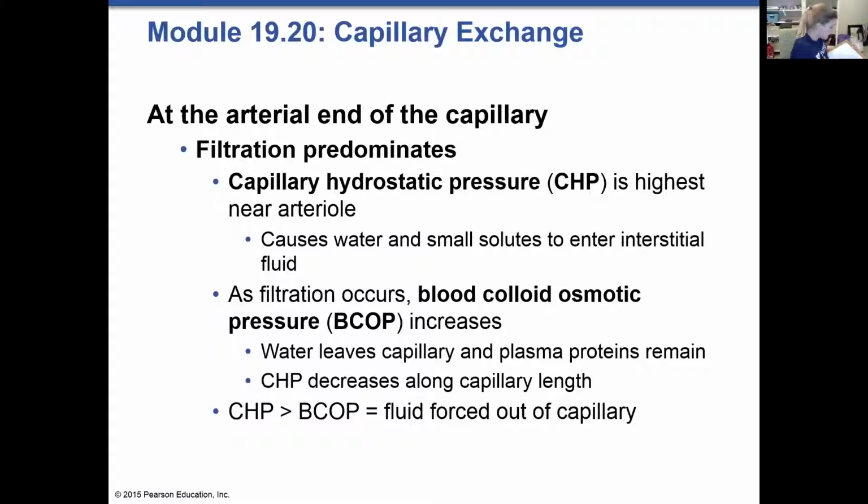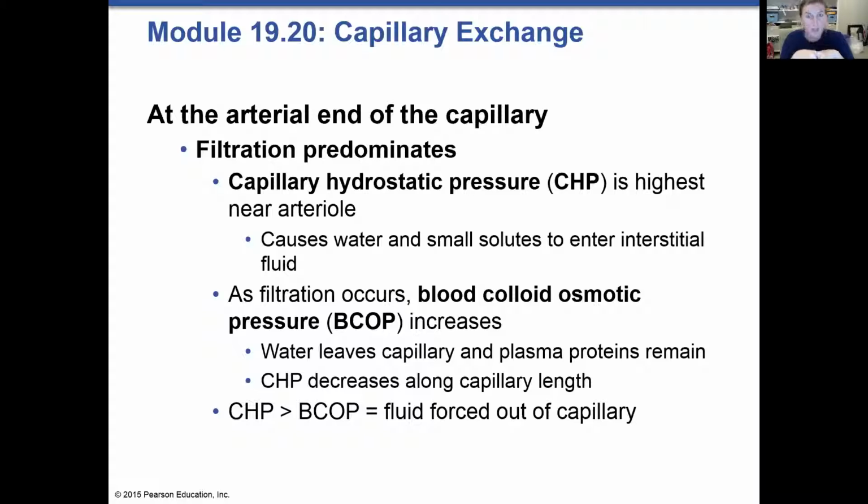So as our blood is moving through this capillary bed, there are two things that take place. You have filtration and reabsorption. So think of it like this, right? When the blood arrives at the capillary bed, capillary hydrostatic pressure dominates.